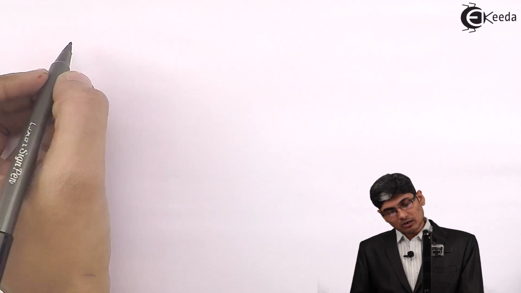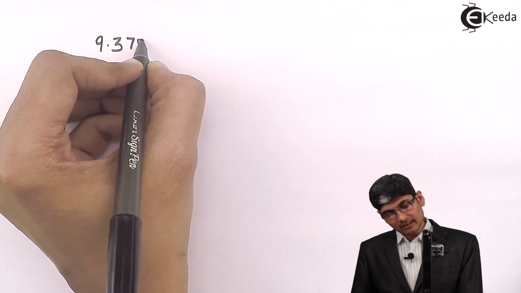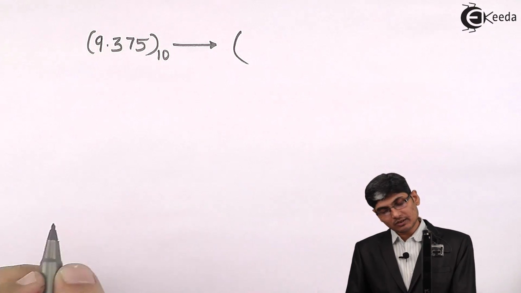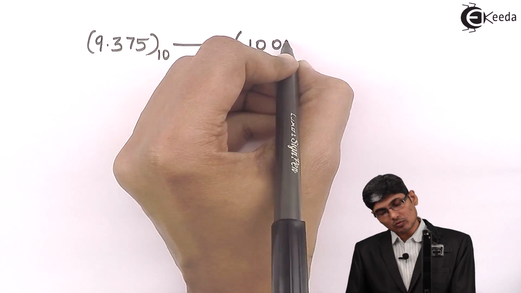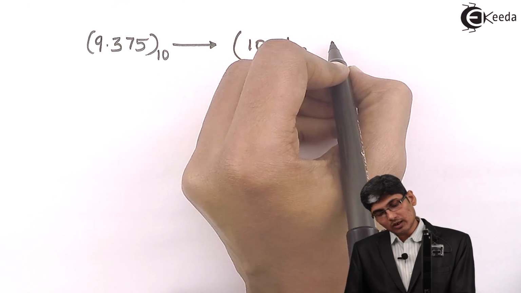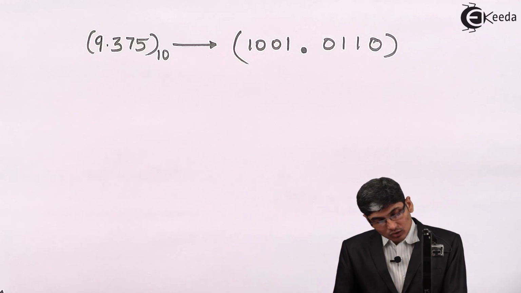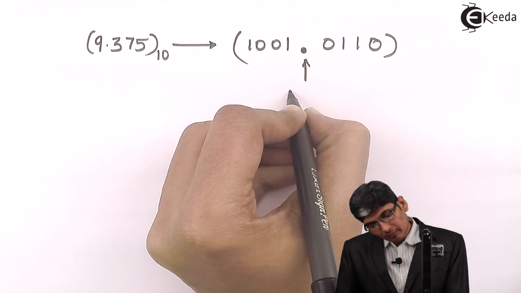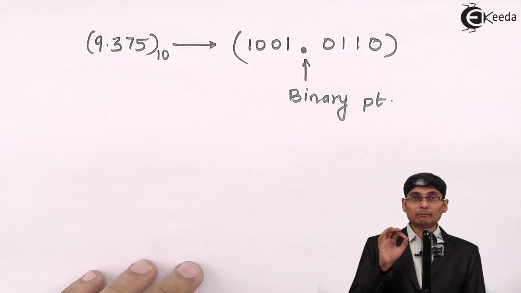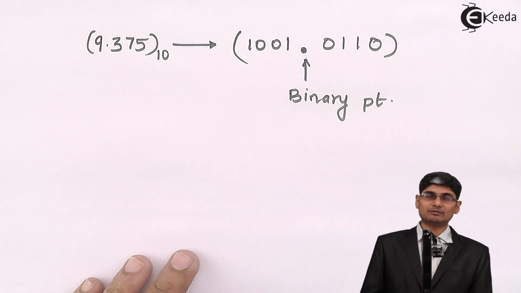We have a number 9.375 to the base 10, that is in the decimal, and its binary representation we have seen is 1001.0110. So based on this binary point placement, we have two number representations.